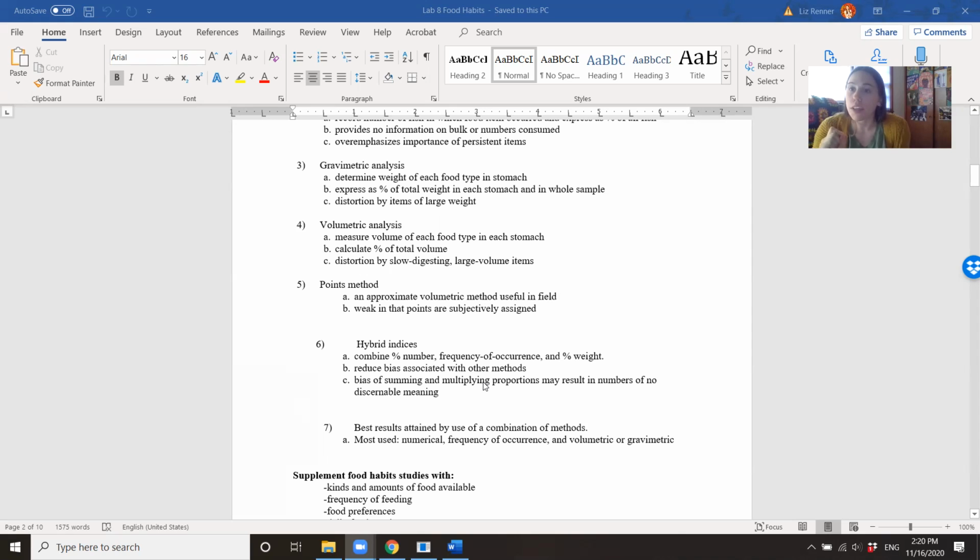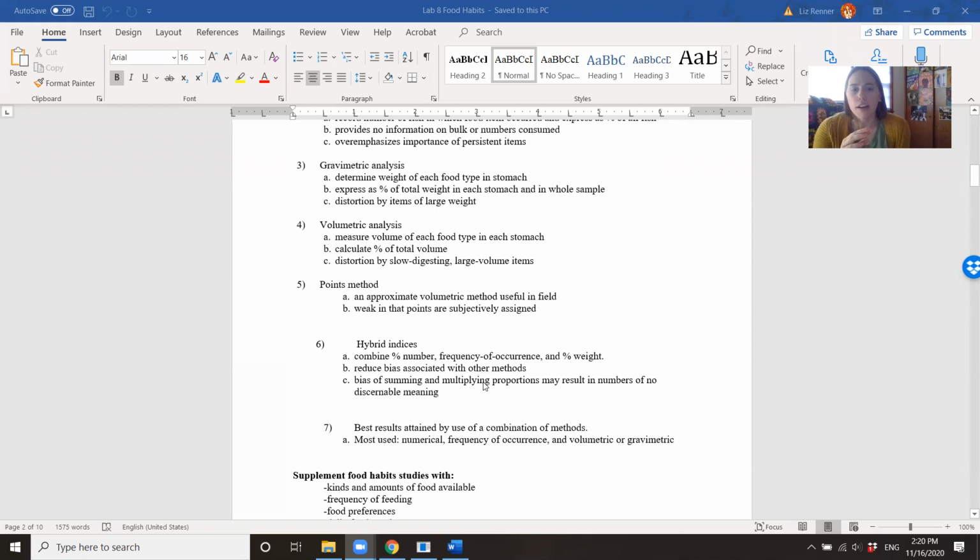So you have to be really careful when you utilize a hybrid index, because sometimes when we sum and multiply a bunch of proportions all at once, it can result in a number that we can't interpret. And as fisheries managers, if we get an index that we can't use and can't interpret and share with the public, then what does it matter? Why did we even do it in the first place?